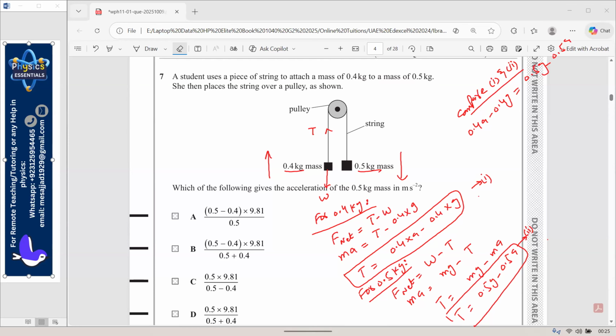From here I'm going to find the value of the acceleration. I'm just rearranging: 0.4a plus 0.5a equals 0.5g minus 0.4g.